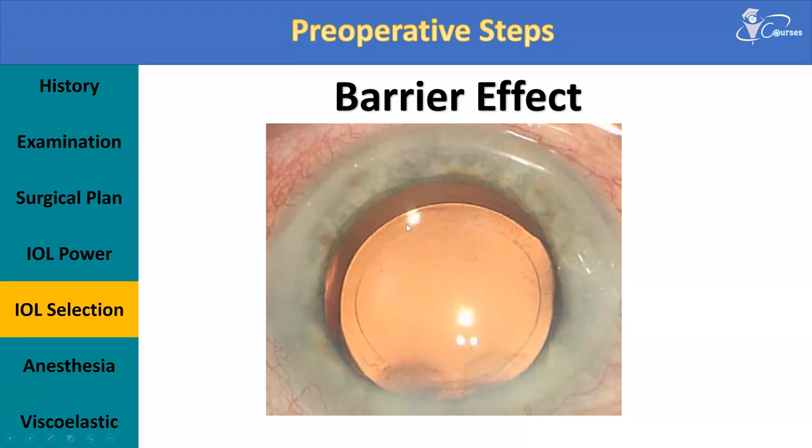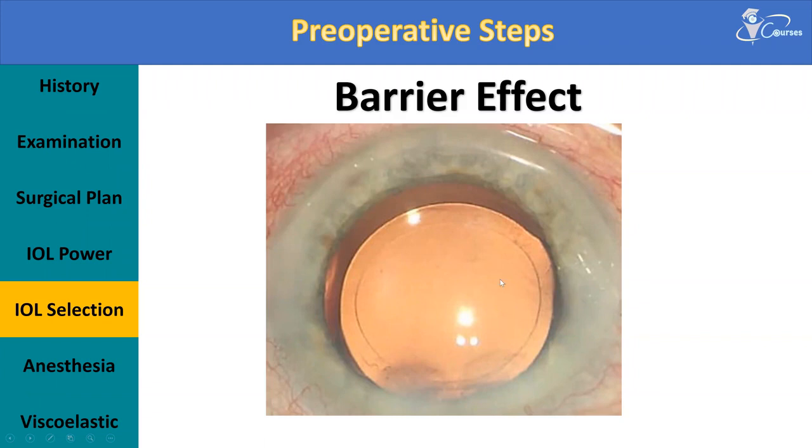There will be some sort of adhesion between the anterior lens capsule and this very thin, minimal edge of the anterior capsule. This will prevent the migration of the equatorial lens epithelial cells to the posterior capsule, and this will minimize the incidence of the PCO. This is also asked before in the exams.